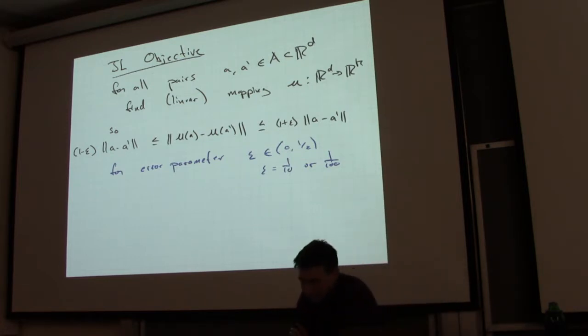Let's say epsilon equals 1/10, and the original distance between A and A prime equals 20.